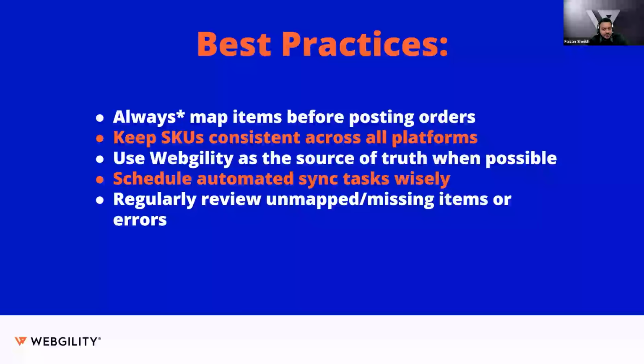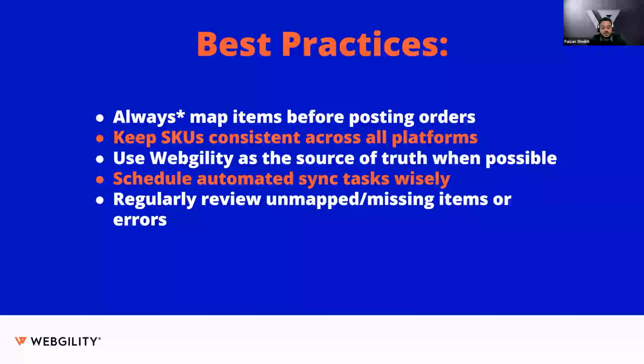So Webgility will match all the items with QuickBooks Online accounting, number one. Number two, when it runs the automation for product syncing, whatever quantity count you have in your QuickBooks accounting, at the time of automation frequency, it will update the quantity count across all connected sales channels.